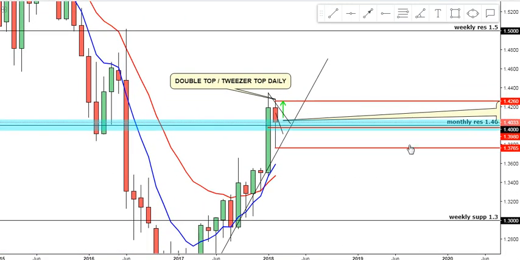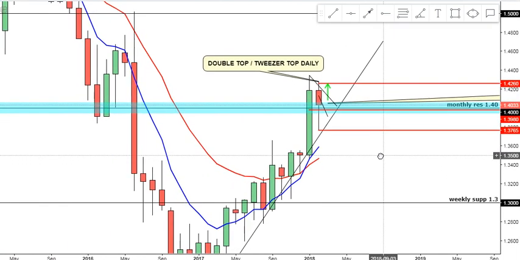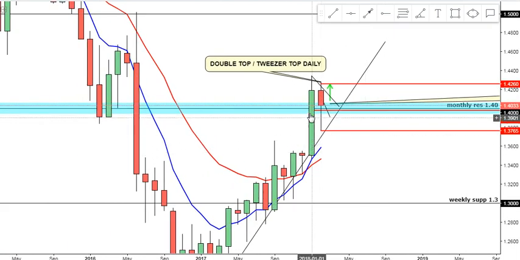But also, if we look back on the monthly, this huge bullish move broke through and closed above the monthly resistance. So we can safely say that we're expecting more bullish potential.